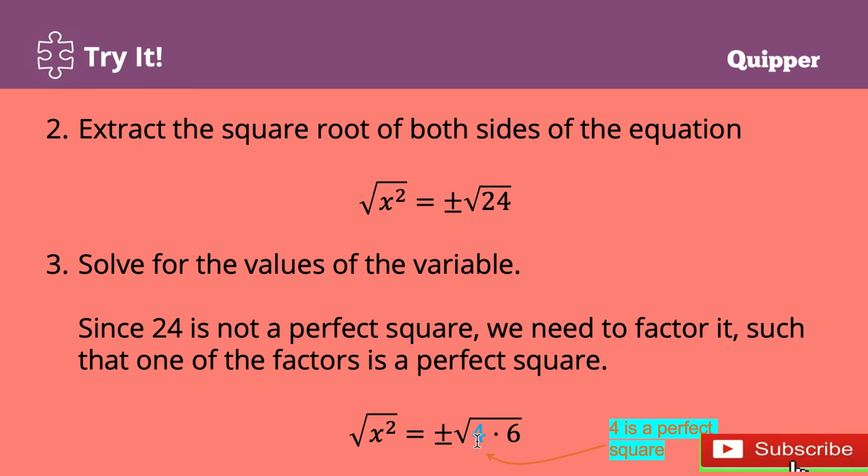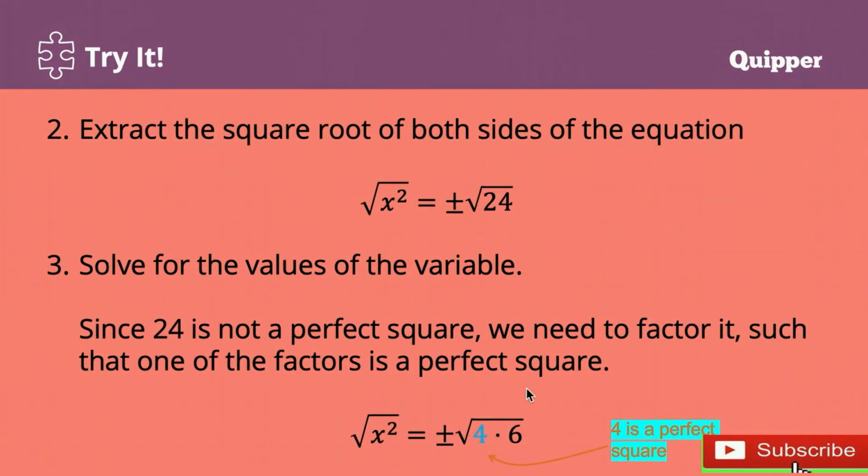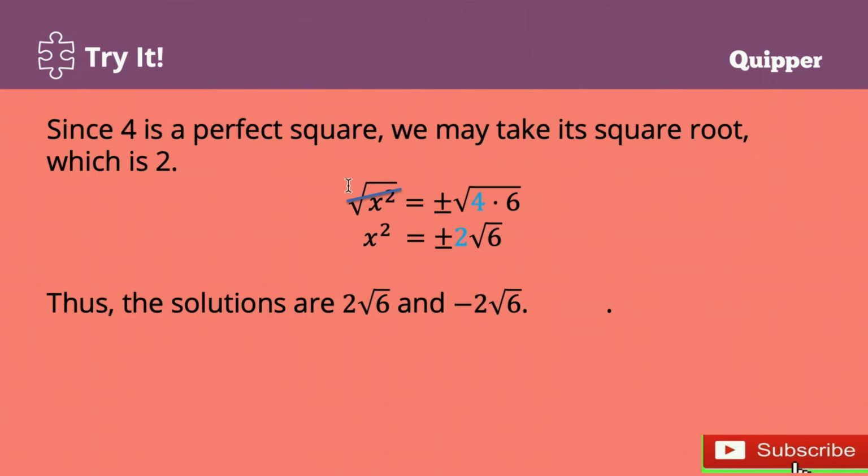So we have here square root of 4 times 6. 4 times 6 is just 24, so this is just the same. Taking now the square root of 4 times 6, which are the factors of 24, since 4 is a perfect square, we may take its square root, which is positive and negative 2.